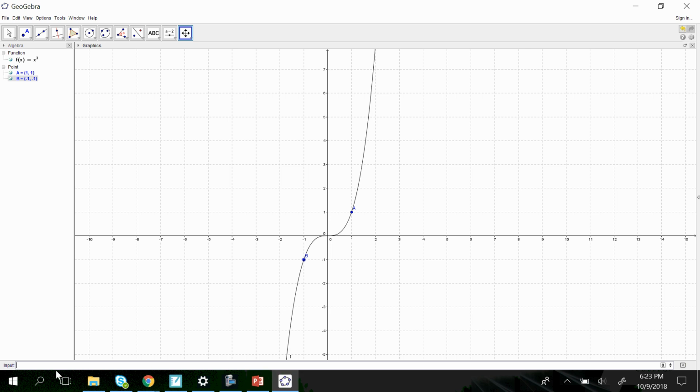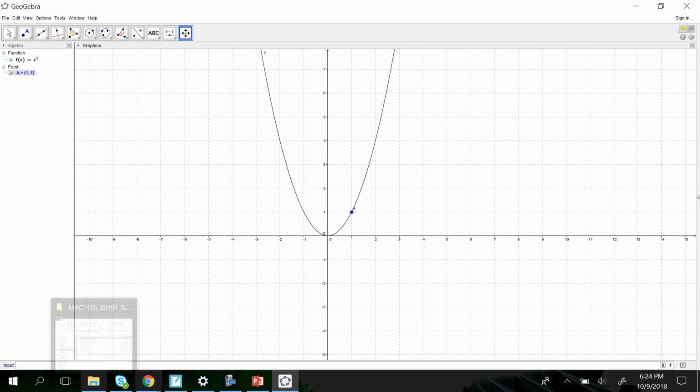Now let's look at an even function. So let's look at f of x equals x squared. This has symmetry to the y-axis, and it is an even function. And what happens if I put on 1, comma 1, and then -1, comma 1.